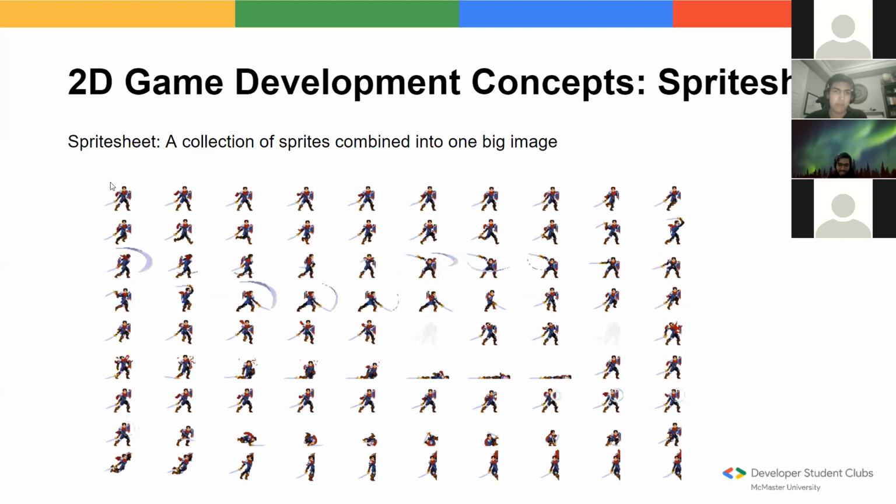But over here, you can see in the sprite sheet a bunch of different images of the player. You can see that these 8 sprites over here represent the idle sprites for the player. You can see from here to here, the running sprites for the player. There's some attacking sprites, and there's a lot more. So it's very convenient to have all these sprites in one big sprite sheet.